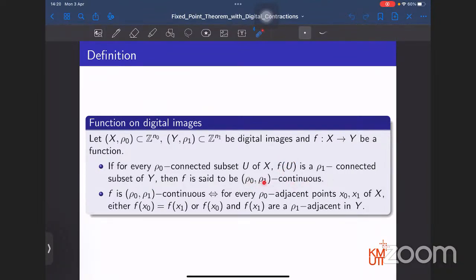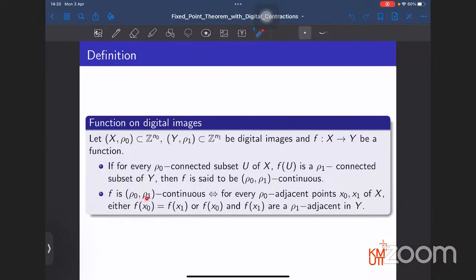We have low zero and low one because for different spaces we can use different adjacency relations. Inside X we can use low zero, and in Y we can use low one. The dimensions of X and Y are not the same, and the adjacency relations also cannot be the same.